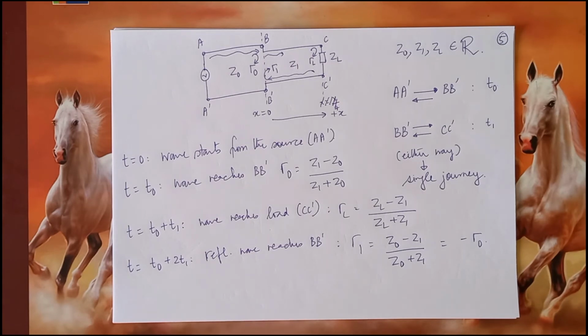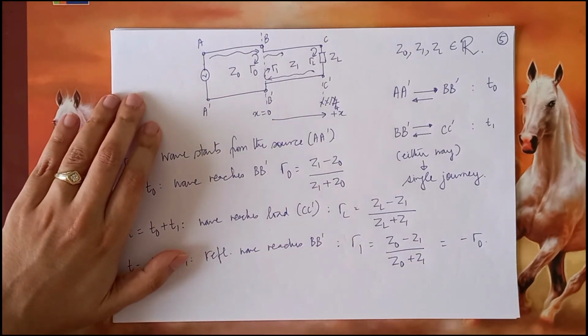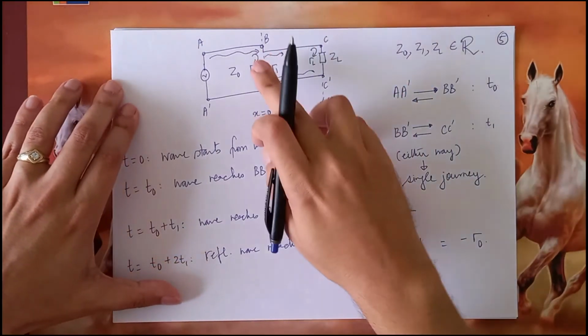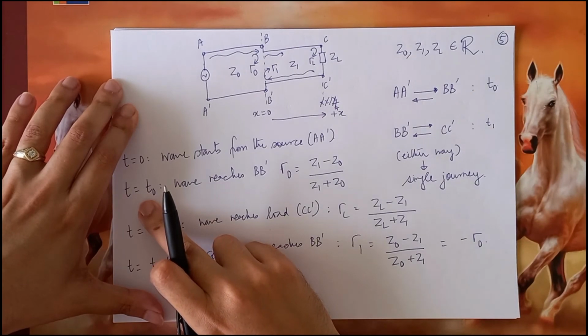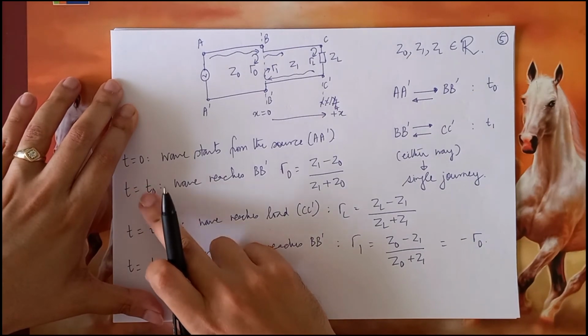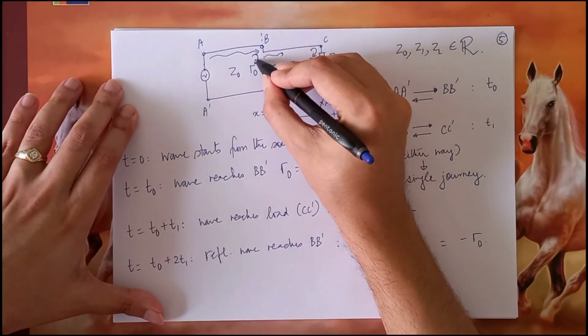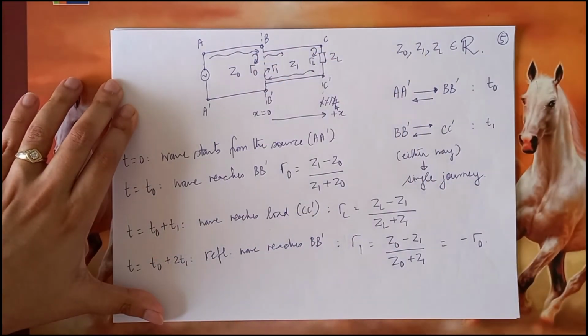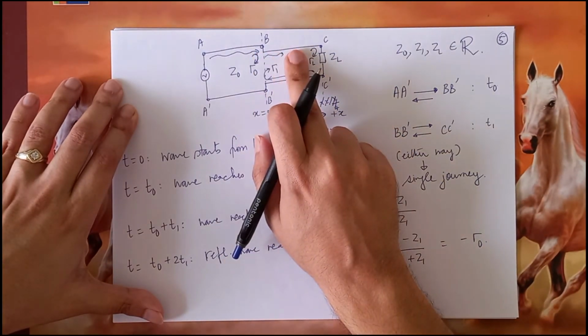Now, this was the easy part. So coming back to the time t equal to t0, some reflection happens with reflection coefficient gamma 0, and some part of it after reflection gets transmitted into this part of the line.